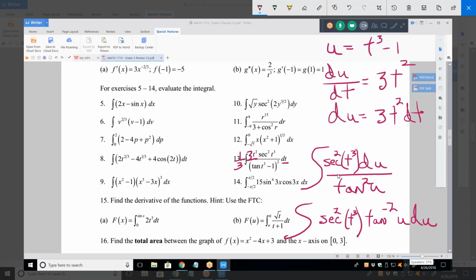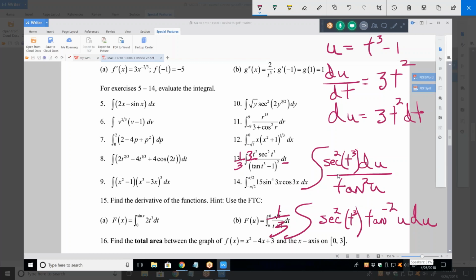Did you forget the 1/3 off the front of it? I did. Thank you. That, however, is not my problem. Or is it? In other words, can I solve this integral?